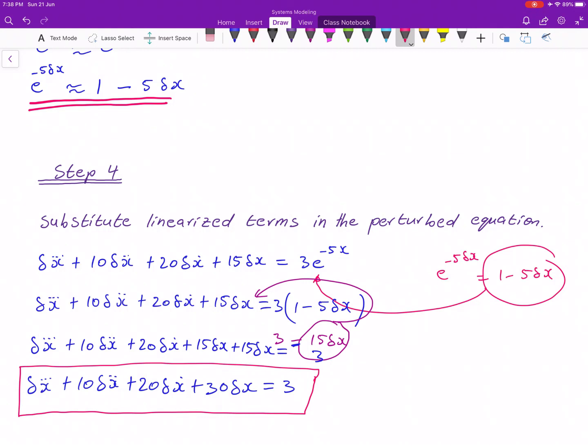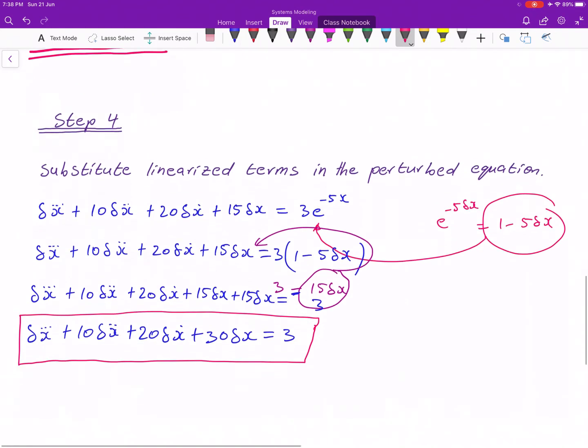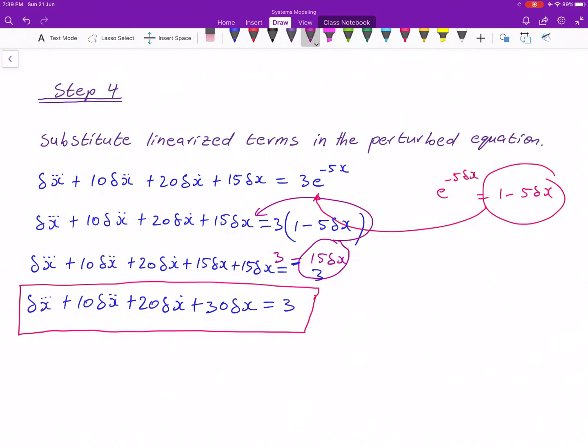And from here we can also find the Laplace transform of this, assuming zero initial conditions. So we have s cubed delta X of s plus 10 s squared delta X of s plus 20 s delta X of s plus 30 delta X of s is equal to 3.